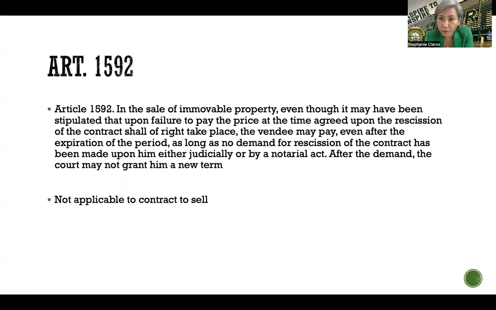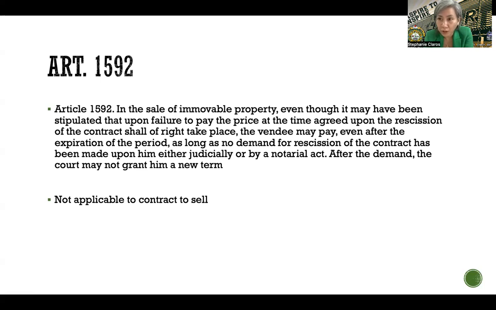That in the sale of immovable property, even though it is stipulated that failure to pay the price at the time agreed upon, that rescission of the contract shall of right take place, the vendee may pay even after the expiration of the period, as long as no demand for rescission of the contract has been made upon him either judicially or by notarial act. After the demand, the court may not grant the vendee a new term.